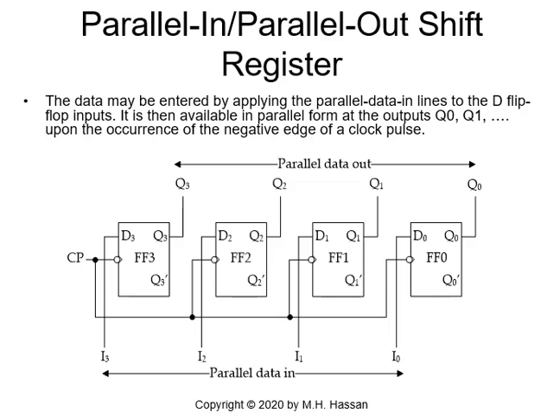How long are they going to remain there? Forever. You can keep the data there and you can use the data as you wish. So this will be a parallel in, parallel out. We feed the data to the Ds of each flip-flop, and you take the parallel data out from the Qs of the flip-flops, Q0, Q1, Q2, and Q3.